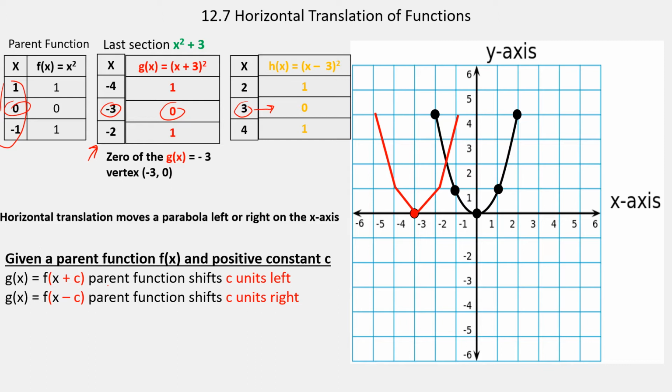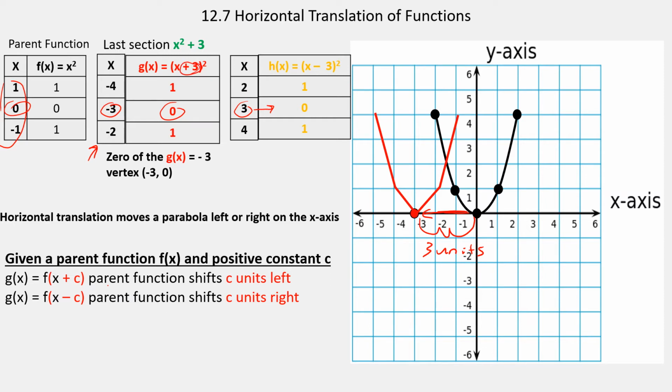What do you notice happened here? Well, from the original parent function, this vertex shifted over 3 units, right? So this actually moved over 3 units, and it moved over to the left. Interesting. Why did it move to the left? When they were adding 3, why did it go left?